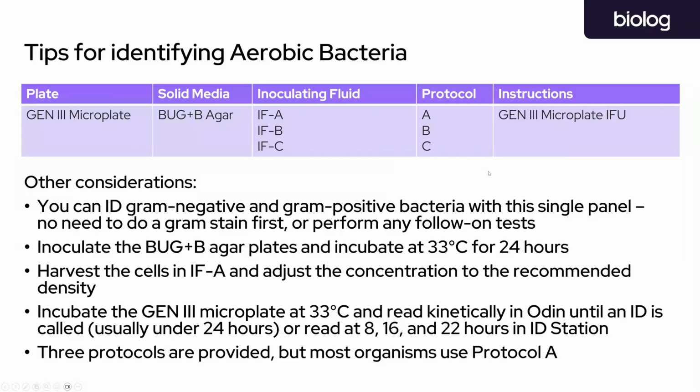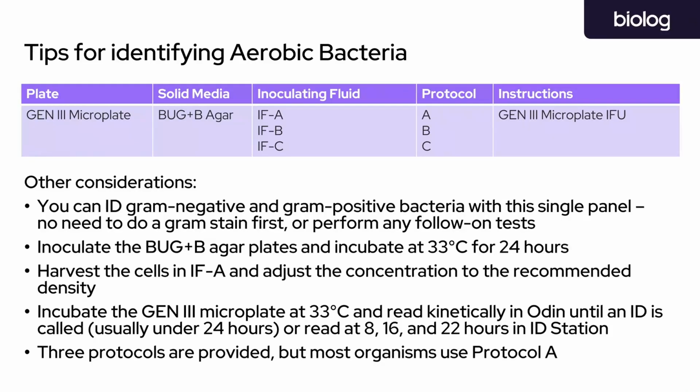So a few considerations to make when running a Gen 3 plate experiment. As I mentioned, one of the pitfalls for getting IDs is not using the correct pre-culture media. For aerobic bacteria, most of the time you're going to want to use our BUG blood agar. The BUG stands for Biolog Universal Growth Agar.